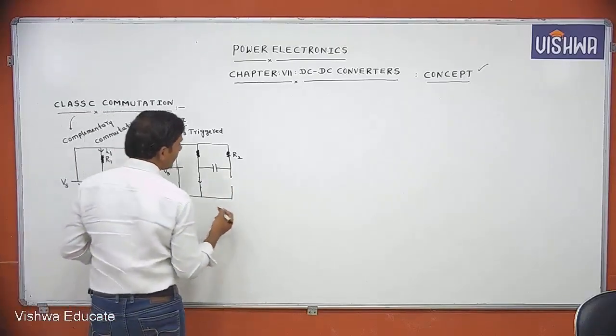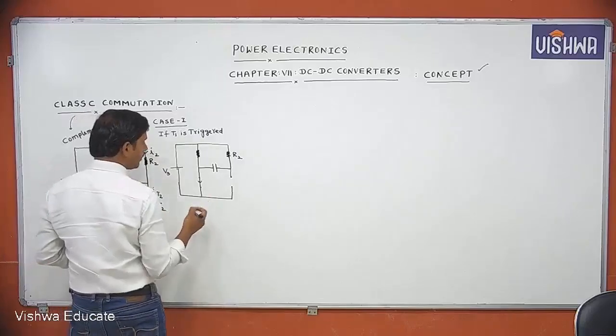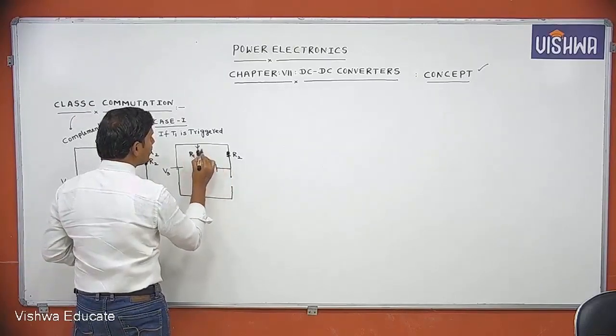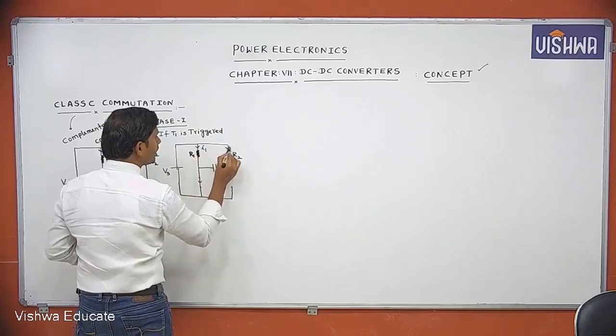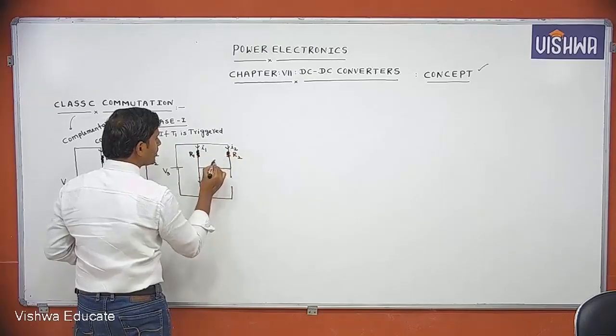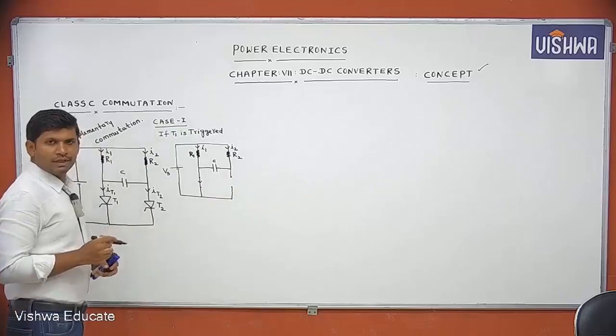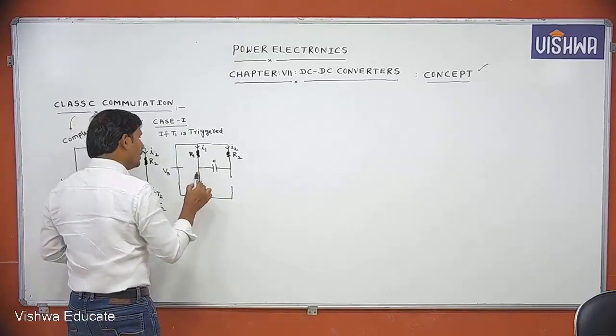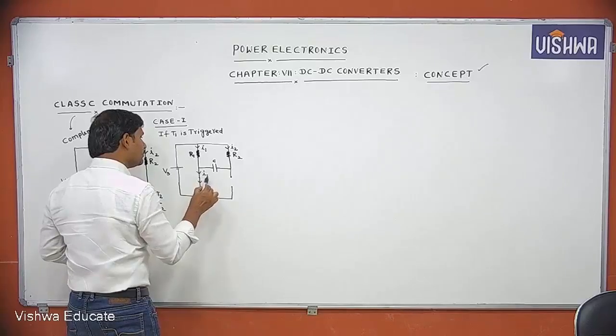This is R1. Let this current be I1 and this current be I2, and this capacitor. Initially there is no charge in the capacitor. Now this current is IT1.